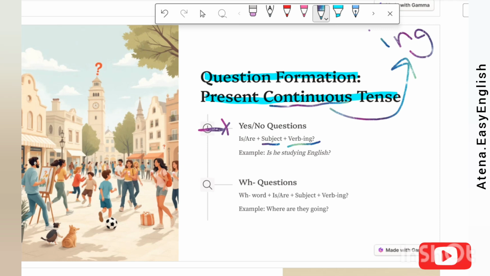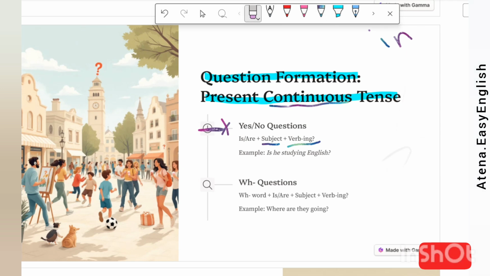Is he studying English? Are you listening to me? Is he playing volleyball? So we use is or are, then the subject. And be careful, our verb has ing, of course, because it's continuous.